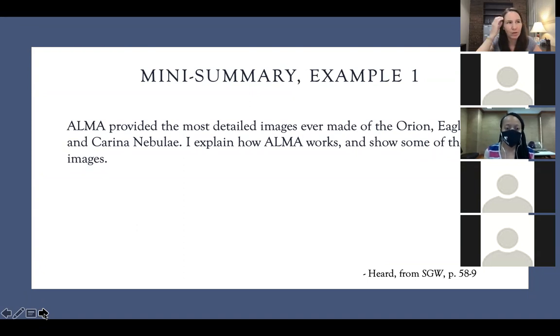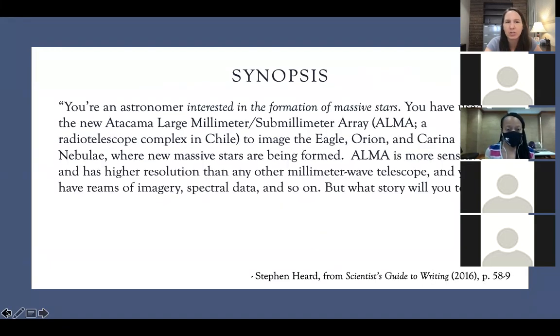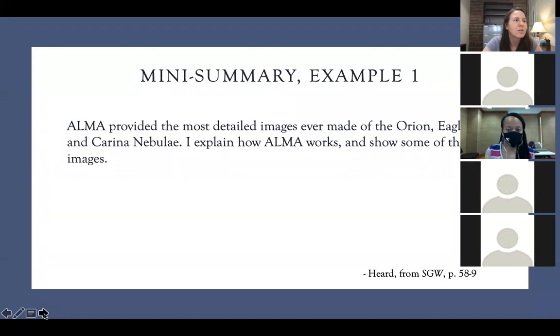It makes no reference to star formation. And if you remember, this astronomer is interested in the formation of massive stars. It forces the reader to do the job of analyzing and interpreting the data. So this is not a good mini summary of a research story.